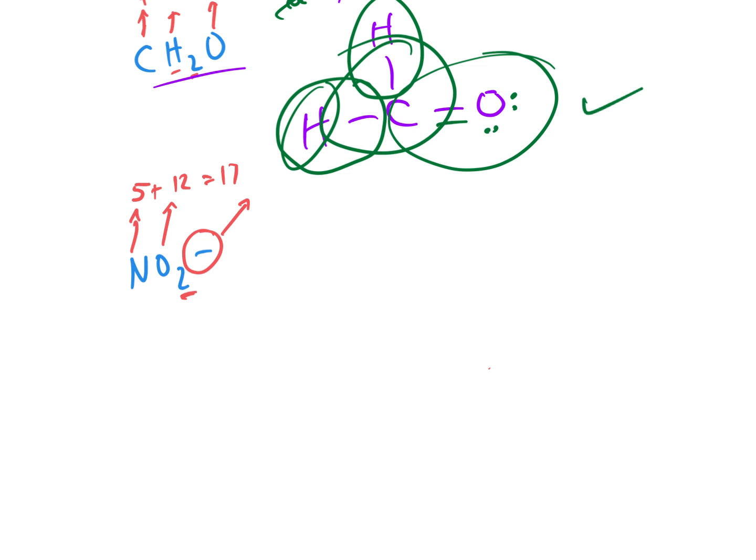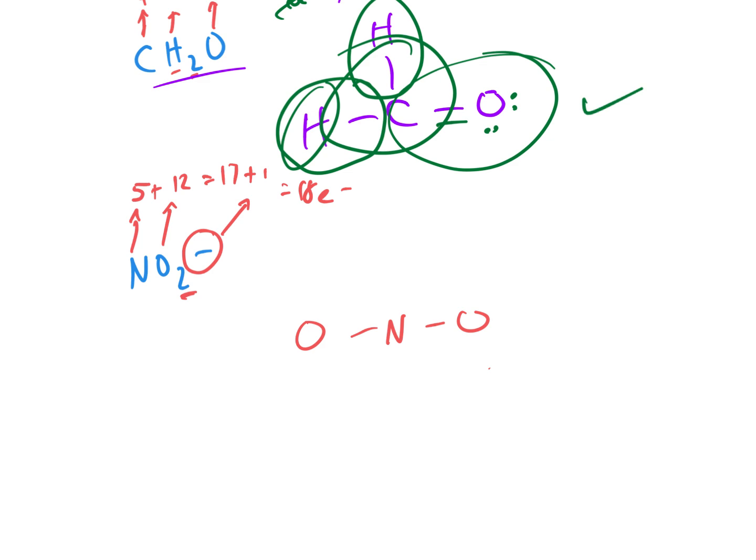All right, so what's our next step? Once we count valence, we have one more for this negative charge, so that's a total of 18 electrons. Are we good? Okay. Central atom. Nitrogen, farthest from fluorine, right? Least electronegative. So we have nitrogen with 2 oxygens.